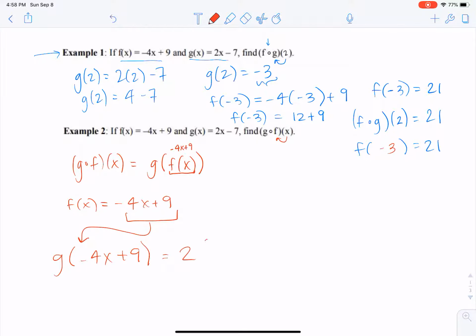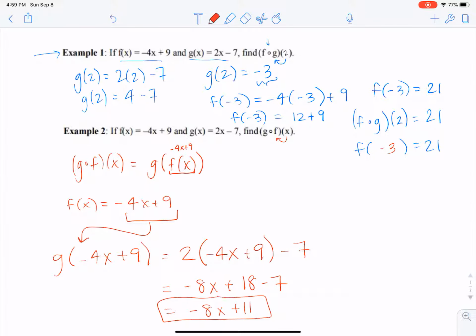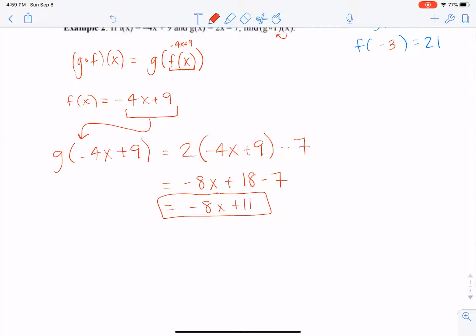So here I have 2 times negative 4x plus 9, minus 7. If I distribute, this will give me negative 8x plus 18 minus 7. So the composition of these two functions is negative 8x plus 11. That would be my final answer.